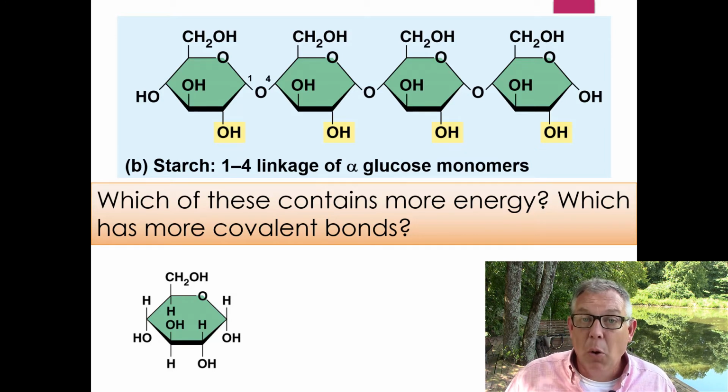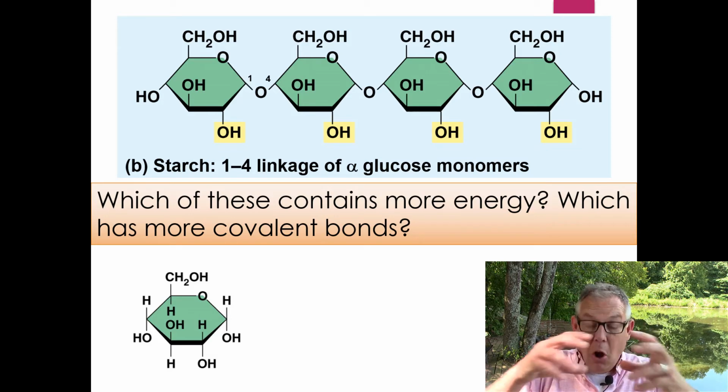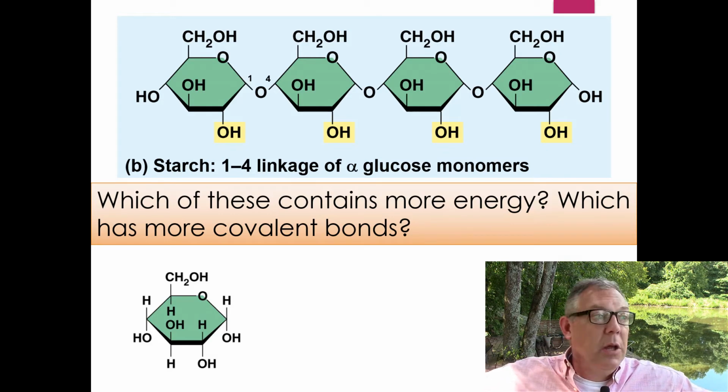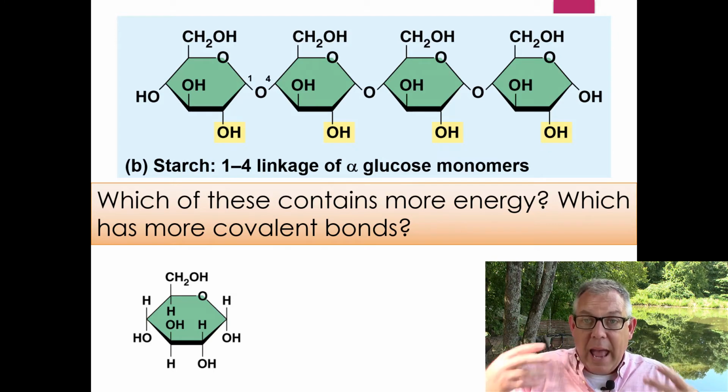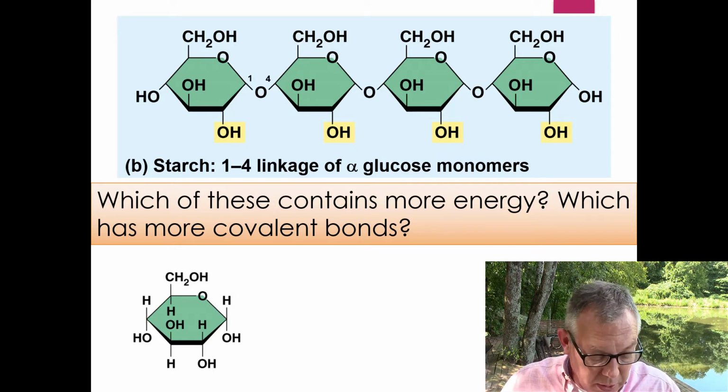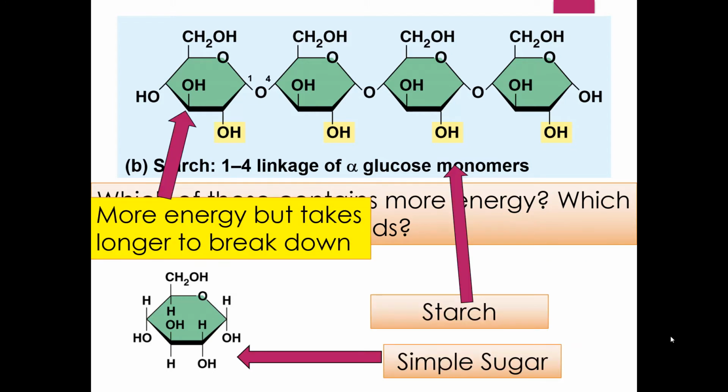So which one of those is going to have more energy? Which one has more covalent bonds? Well, the longer, bigger molecule must have more bonds, and it's got a lot more energy. And so that complex carbohydrate has a lot more energy stored in it, but it takes longer to break those down. You've got lots of energy, but you have to chop it apart, chop a piece off and chop a piece off and chop a piece off.